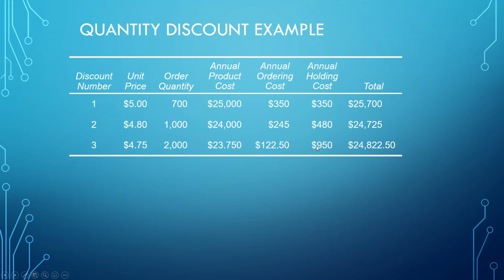Now to get the total cost, we add, so we have 350 plus 350 plus 25,000, and that will equal 25,700. For discount number 2, we'll get 24,725, and for discount number 3, we'll get 24,822 and 50 cents.